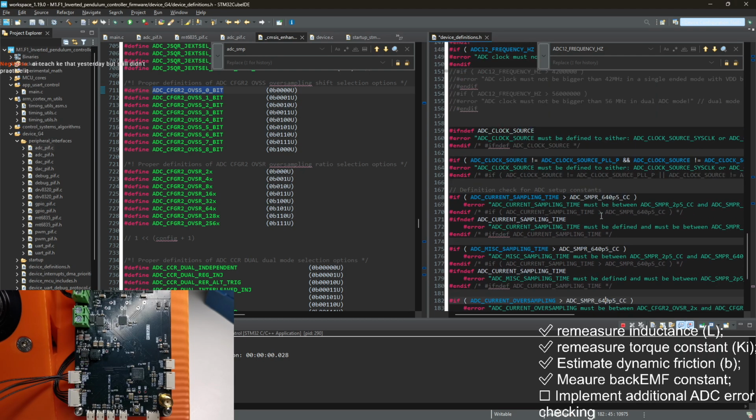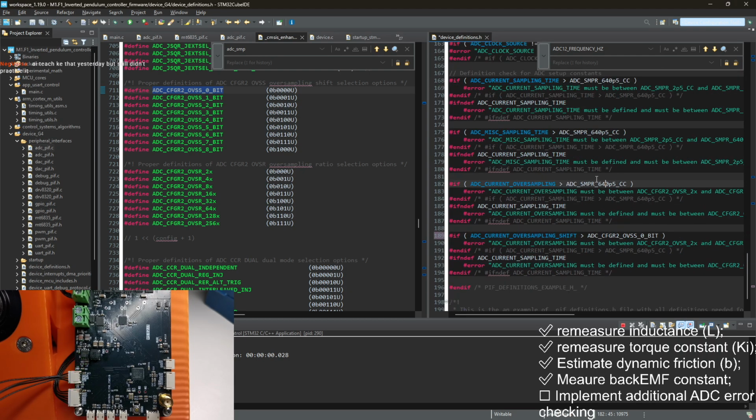Okay, I see an error here. And I see an error here. Oh, I see so many errors actually. 1, 2, 3, 4, 5, 6, 7, 8. Perfect. Correct. This is correct.